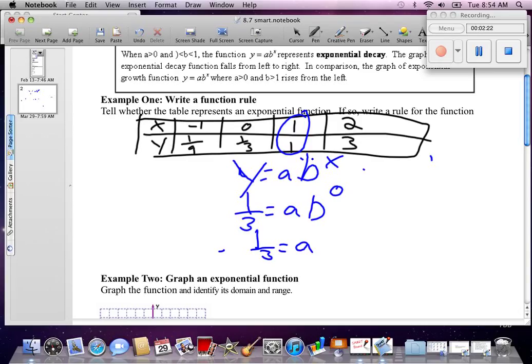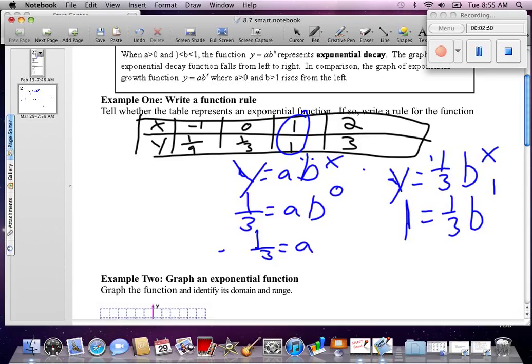So, ladies and gentlemen, we found out what a is. Now we're going to find out what b is. So we get y equals 1/3 times b to the x. In order to find out b, we're going to plug in 1 for x. Y is 1 when x is 1. So we've got to figure out what times 1/3 gives me 1.